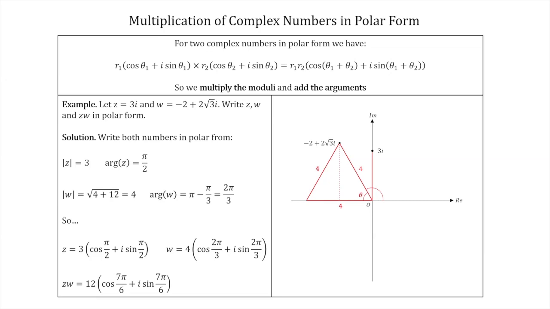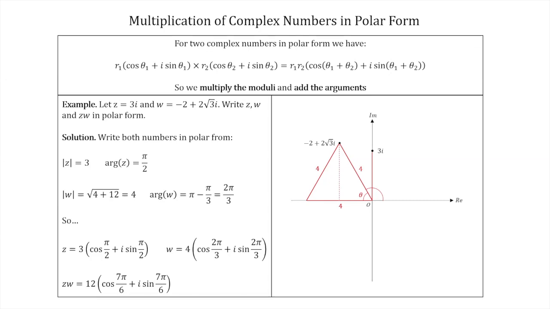One final thing to note is that here, 7 pi over 6 is within the range 0 to 2 pi, which is the range I take the principal argument to be in. But if both the arguments of the two complex numbers were quite large, if they were both quite close to 2 pi, then when we added them up, we would get something outside of the range 0 to 2 pi. We'd get something larger than 2 pi. And if that's the case, you just need to minus 2 pi off to get something within the range.